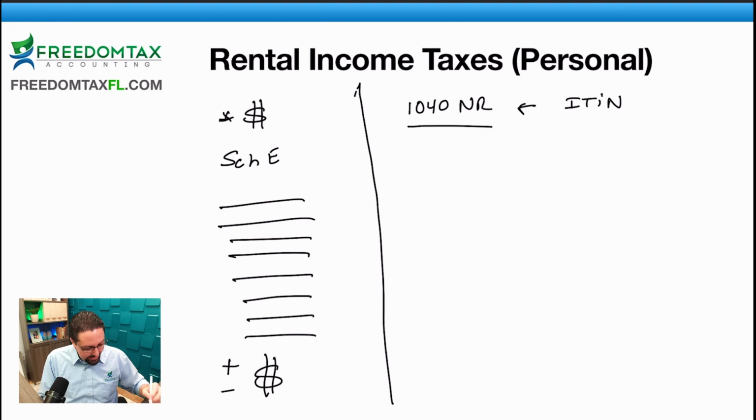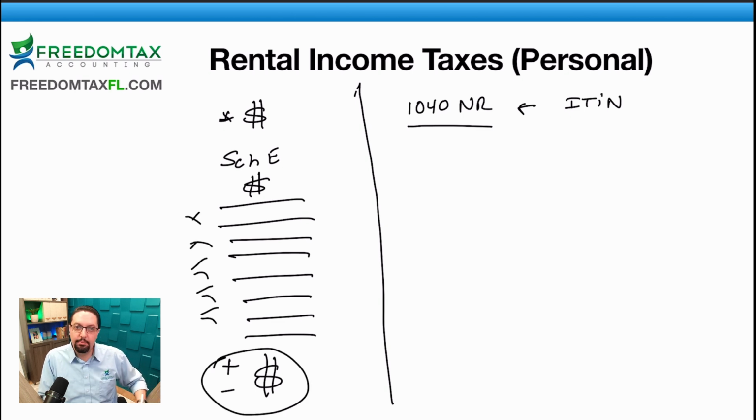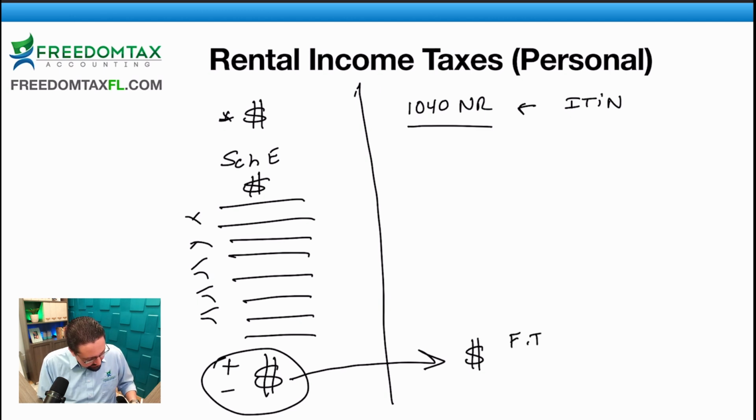Now, remember, you made your rental income, you have all your expenses, you have your net profit. This net profit gets reported on your personal tax return as a foreign national, and you only pay the federal tax, which starts at 10%. Okay?